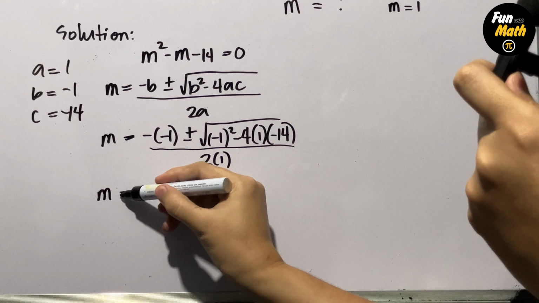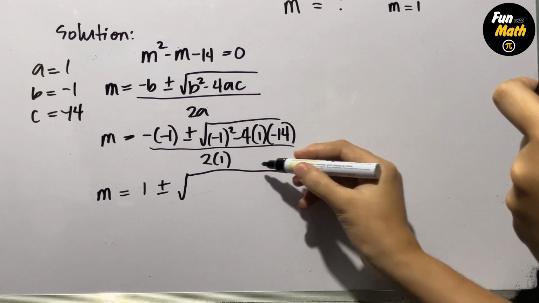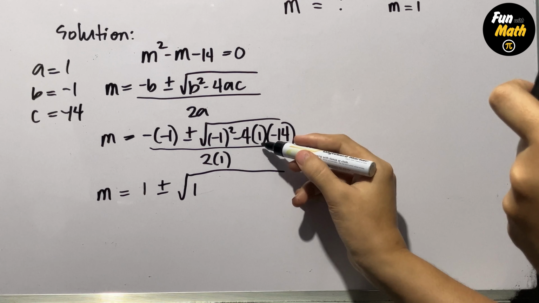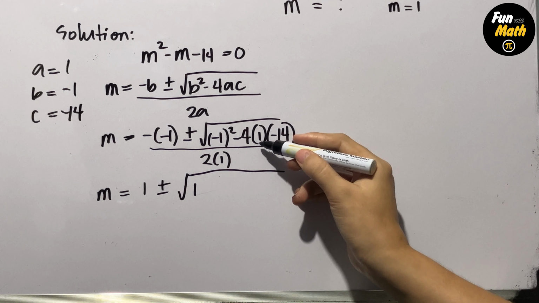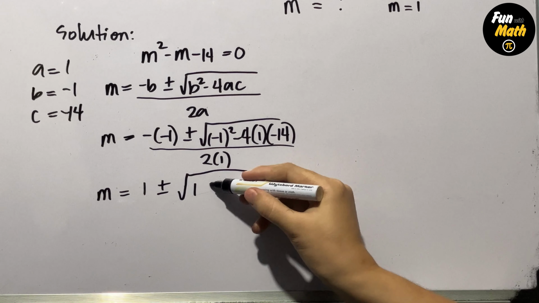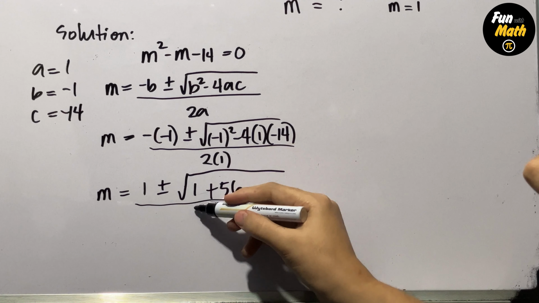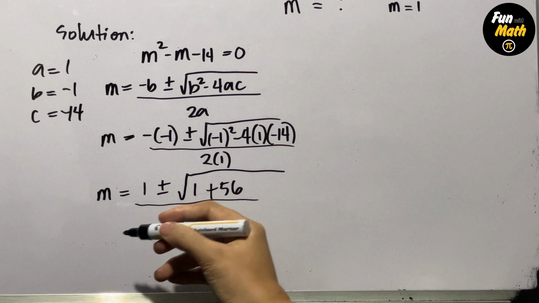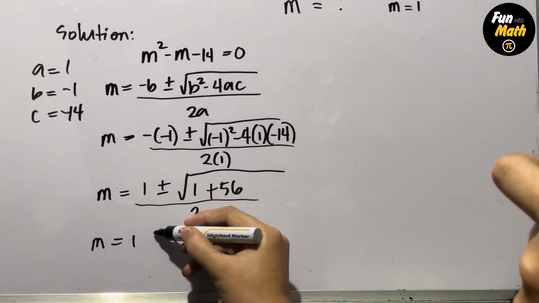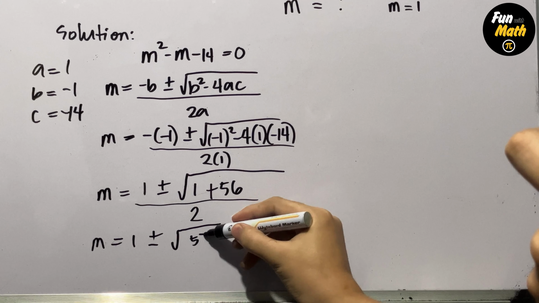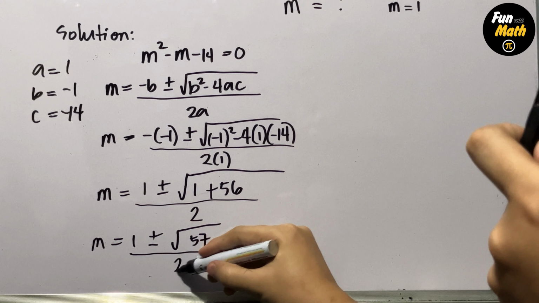And this is m is equal to negative times negative 1, that is positive 1, positive negative square root of negative 1 squared, that is 1, minus 4 times 1, that is negative 4, negative 4 times negative 14, that is positive 56, over 2 times 1, that is 2. And then m is equal to 1 positive negative square root of 1 plus 56, that is 57, over 2.